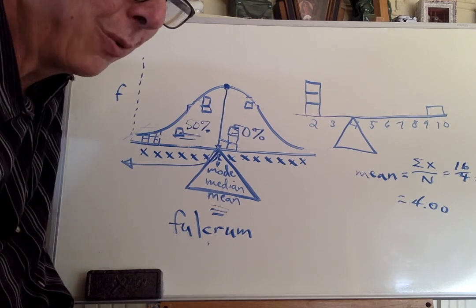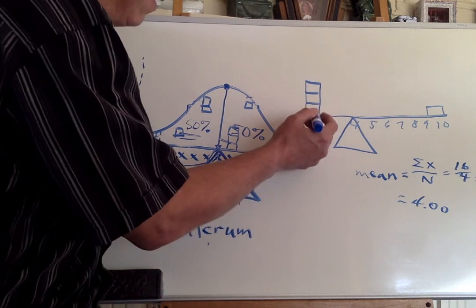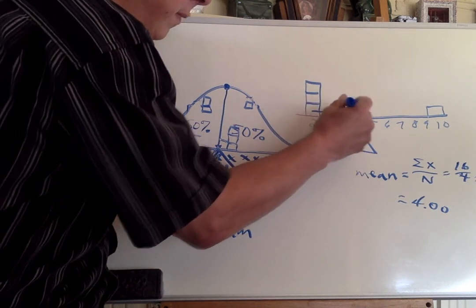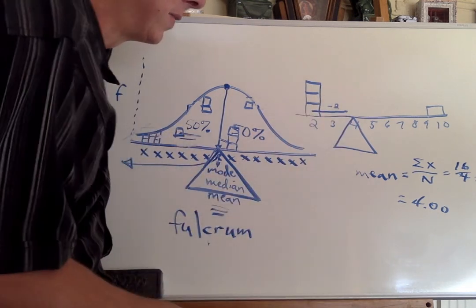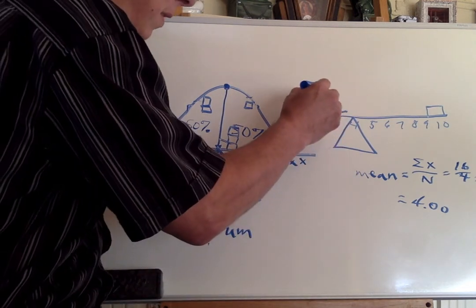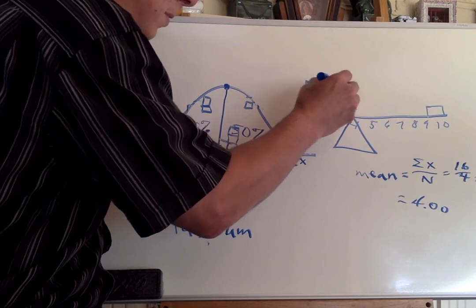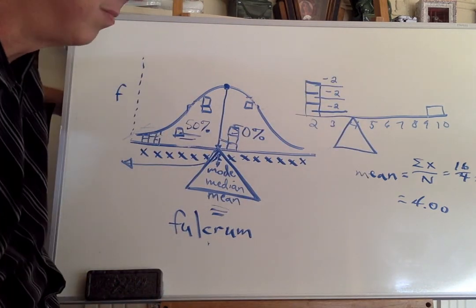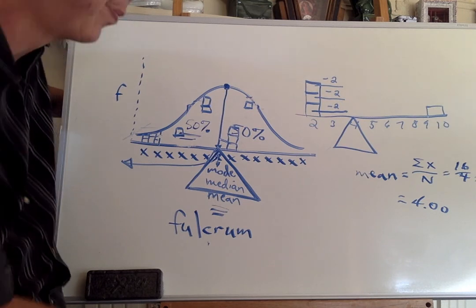You're like, what? How far away is 2 from 4? Well, minus 2, right? How far away is this 2 from 4? Minus 2. How far away is this 2 from 4? Minus 2. Minus 2, minus 2, minus 2, right?